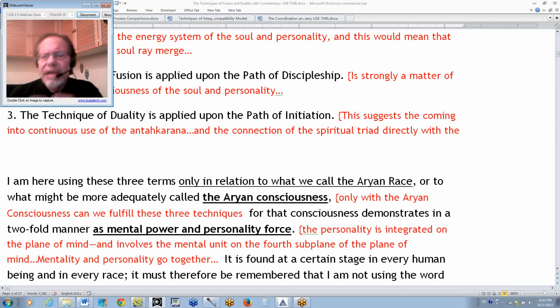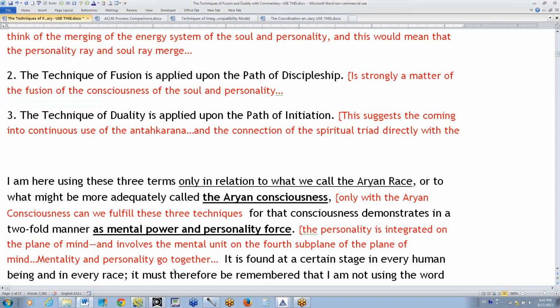There is a distinctness. I am this, I cultivate this, this is my personality, it has certain abilities and qualities, I make it forceful in the world, and through my mental power, that forcefulness is cultivated and reinforced. So it is found at a certain stage in every human being and in every race.